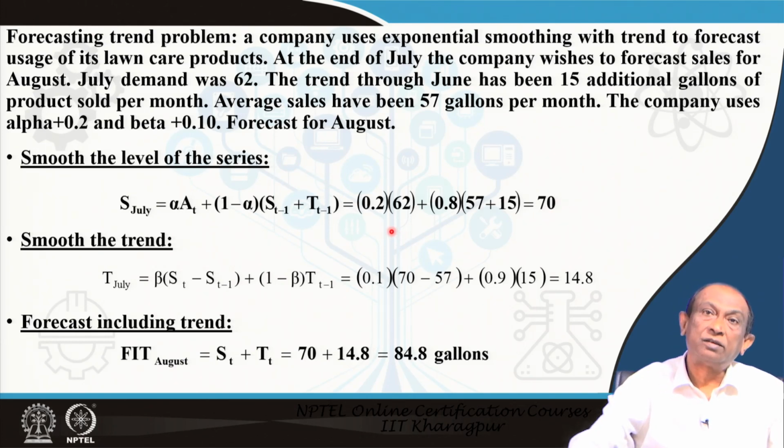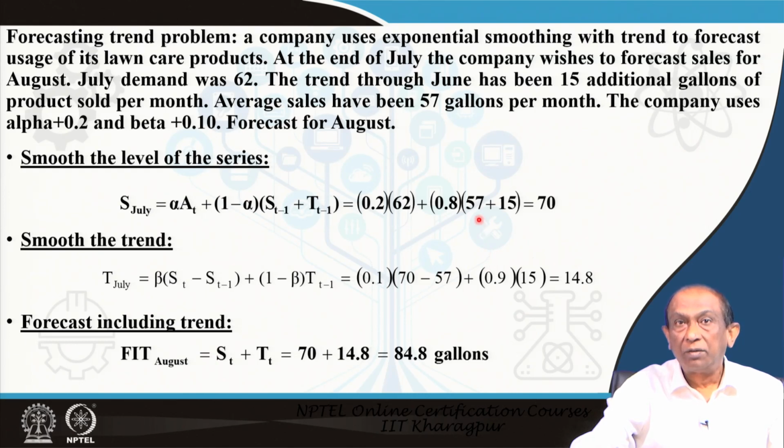Once again let us see, 0.2 is alpha value and the actual demand for the month of July was 62, we have put in that, plus 1 minus alpha, that is 0.8, because 1 minus 0.2 is 0.8, multiplied by S_{t-1}, which is the average sales, 57, plus the trend through June has been 15 additional gallons of product.